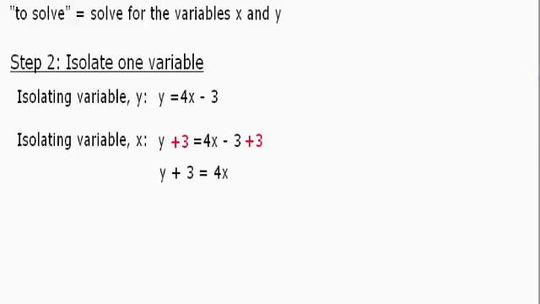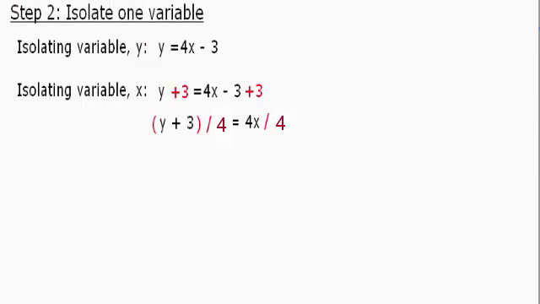So we're one step closer to isolating x, but we're yet to get rid of the 4, which is multiplying the x. And in order to do that, we have to divide 4 on each side of the equation. After dividing both sides of the equation, we find that x is equal to y plus 3 divided by 4.